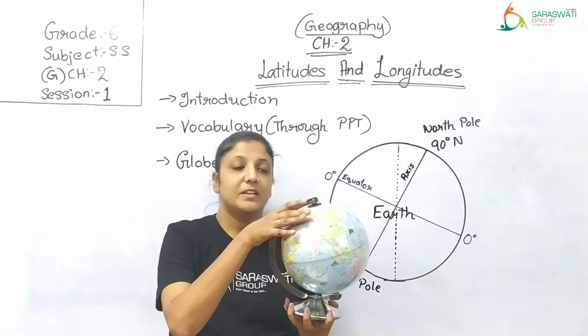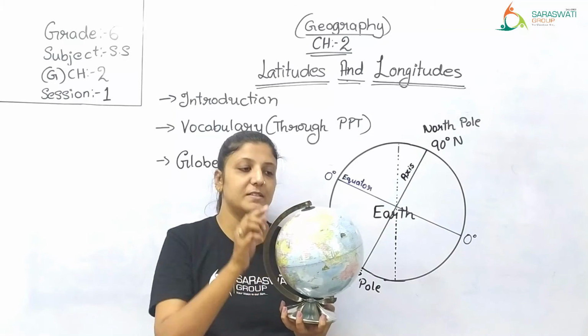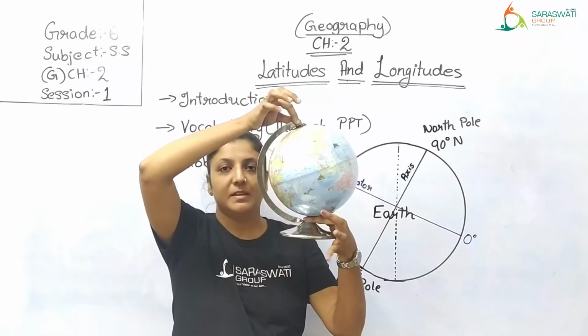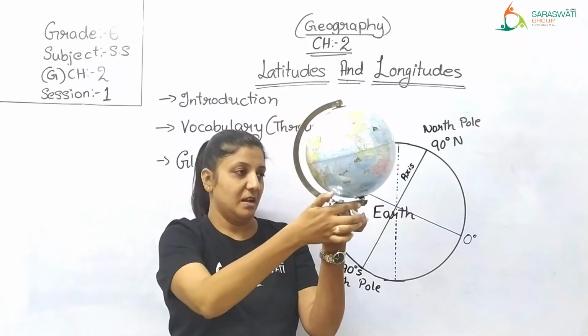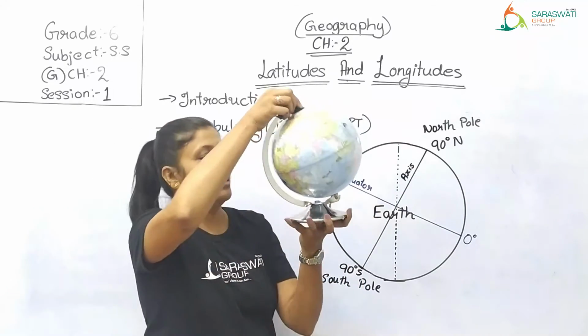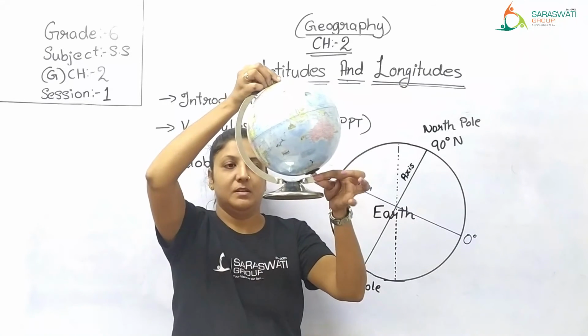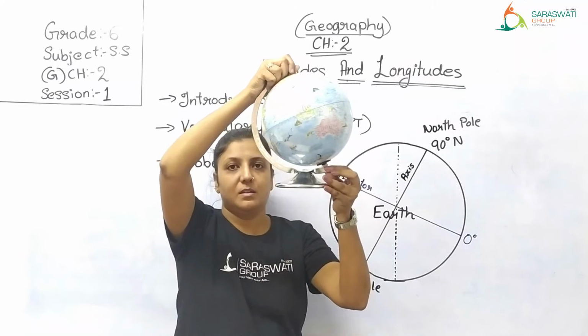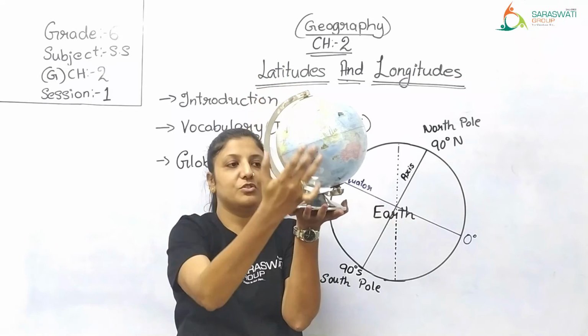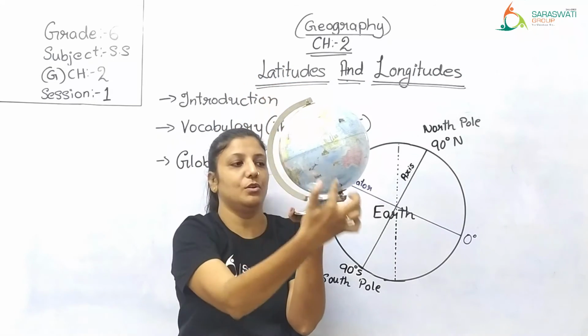This globe is mounted on its axis. What is its axis? The fixed points on the top and the bottom are its axis. Can you see this axis, from here to here, these 2 points? If I keep the globe like this, is this line going straight down? No, it is cross.